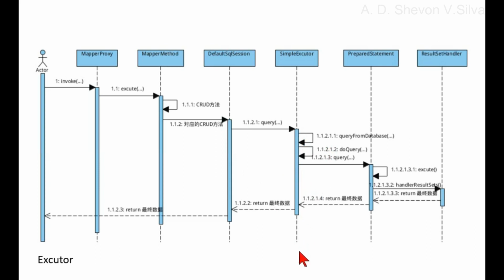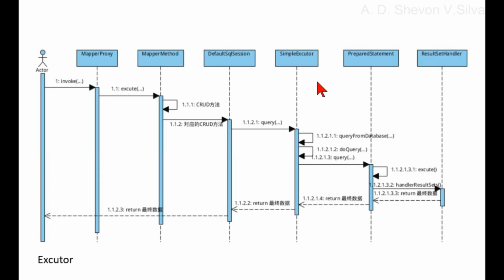Cache executor has an important attribute, delegate, which stores a certain type of ordinary executor. The value is passed in when constructing. When executing a database update operation, it directly calls the update method of the delegate, and when executing a query method, it first tries to get the value from the cache.